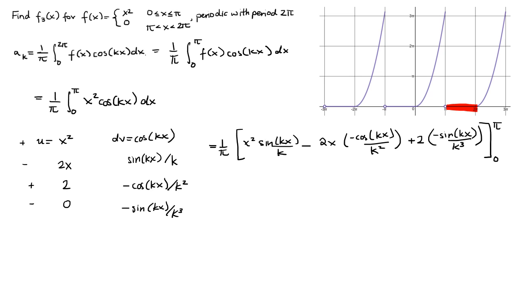If we plug in pi, we see that all of these sine terms are going to be equal to 0. And if we plug in 0, all the sine terms are also equal to 0.